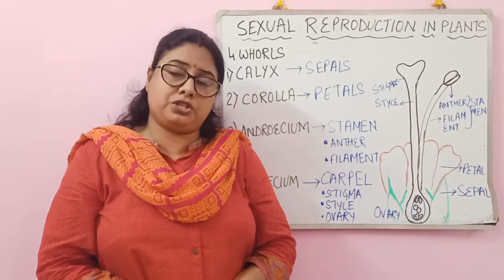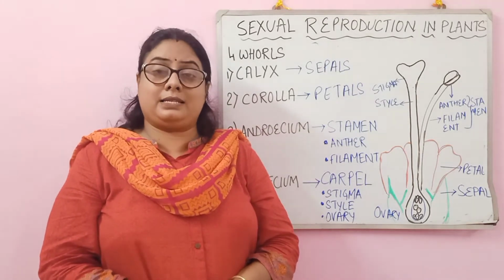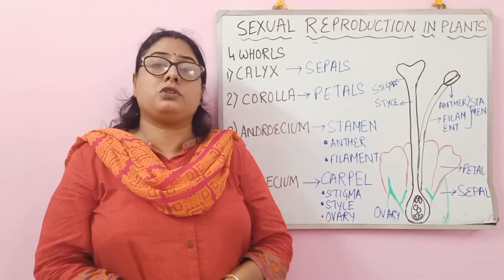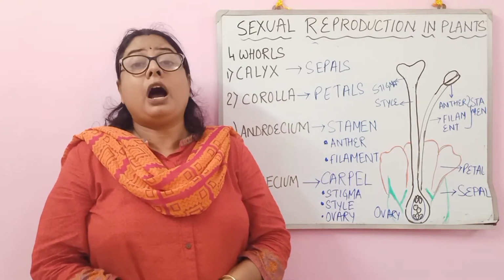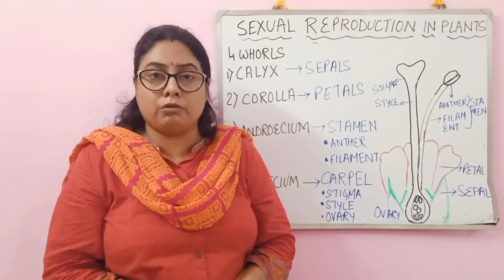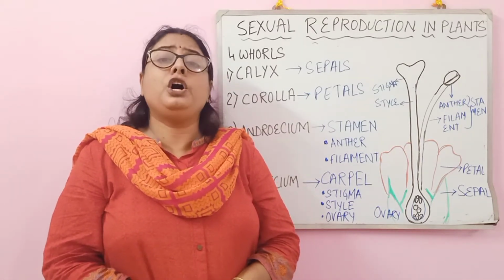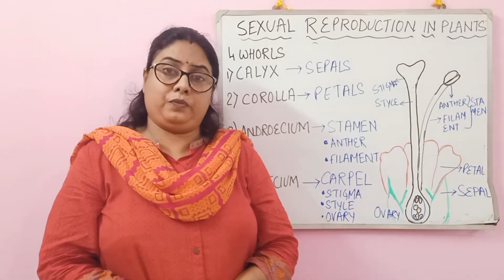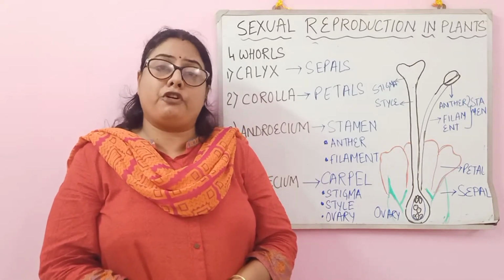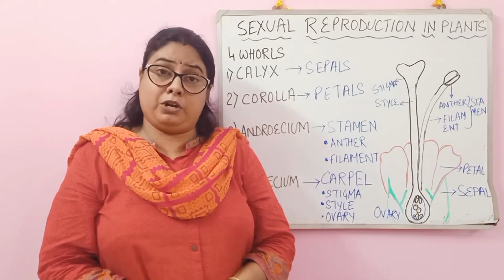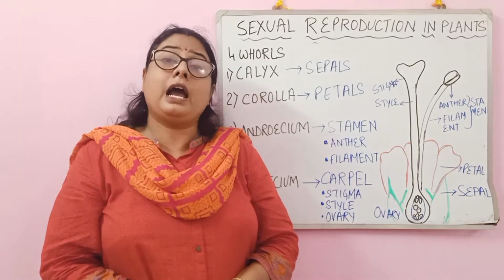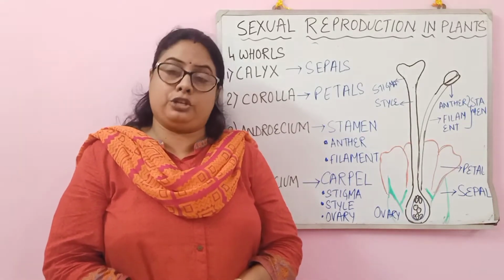Meiosis is reductional division, and the cells formed as a result of meiosis have half the number of chromosomes of that of the parent cell. So the gametes which are formed by the process of meiosis are haploid in nature.